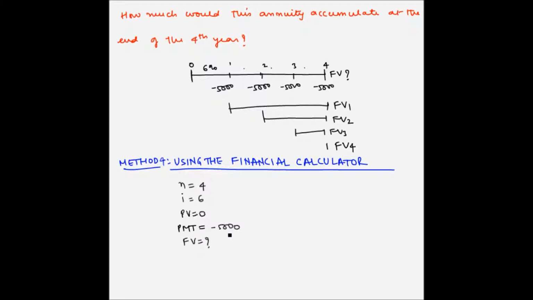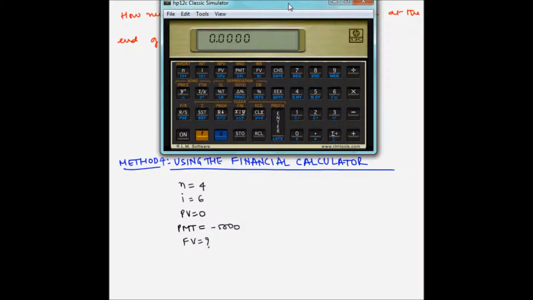So let me pull my calculator. Now the method to use the financial calculator is that we'll first enter the value, and then we'll let the calculator know what that value stands for.